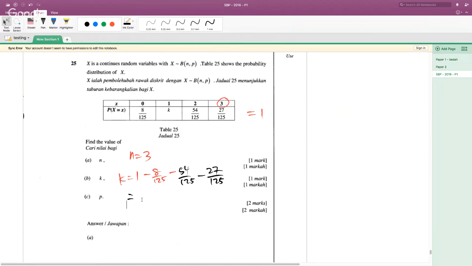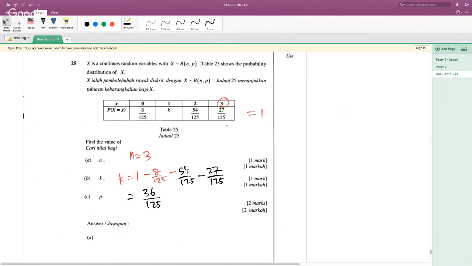So you get 36 over 125. So this one is K, 36 over 125, because all sum together needs to be 1.